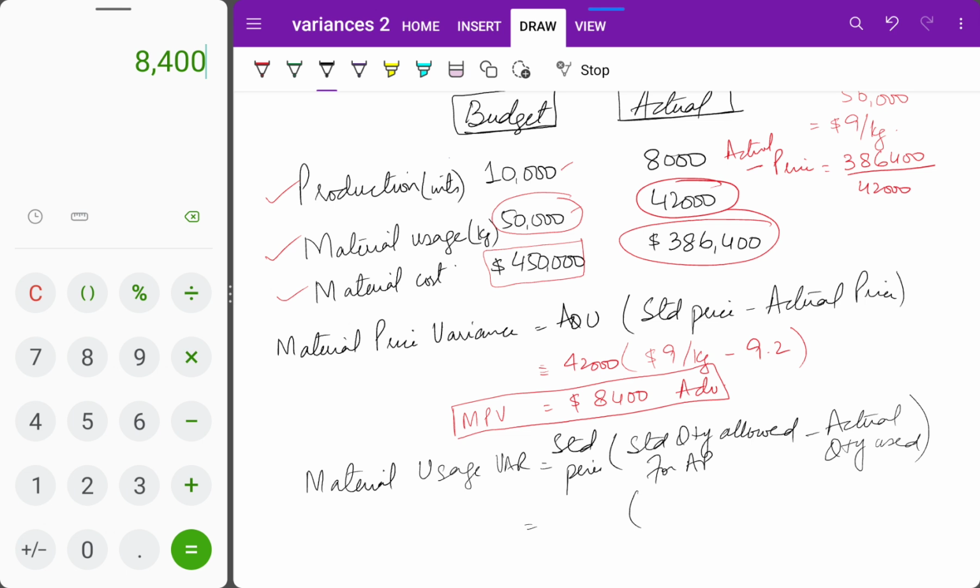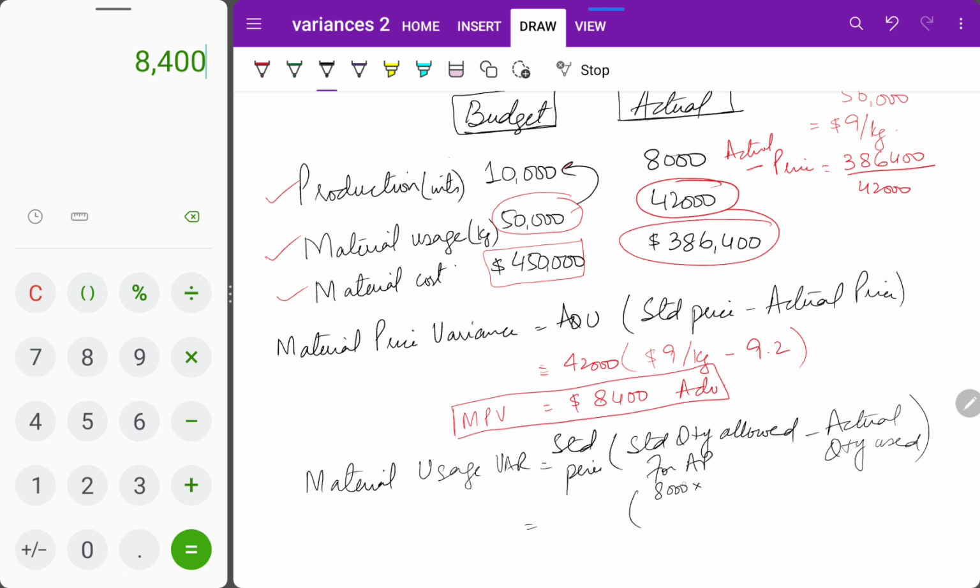What students do is they think that usage variance is the difference between budget and actual. We are not comparing budget and actual, because budgeted consumption is for 10,000 units, but we produced only 8,000 units. So obviously the consumption should have been lower than 50,000.